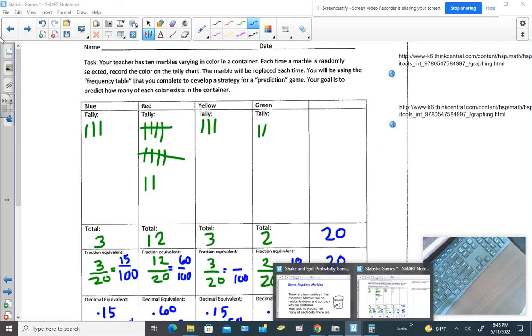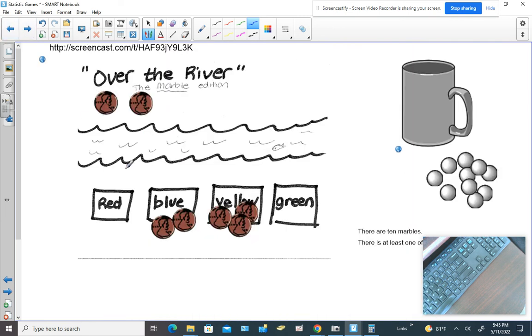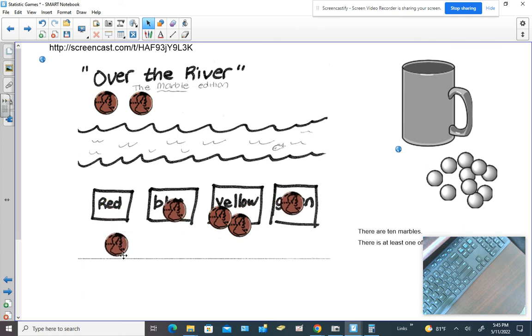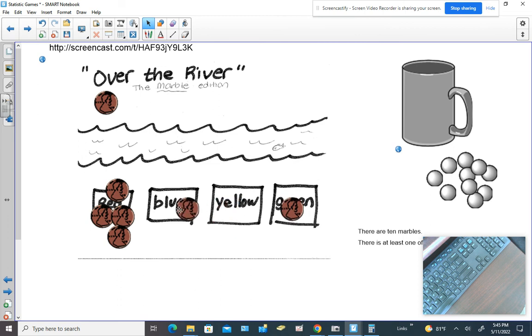So if we're playing the game, the more you play the game, the more confident you are, because you kind of got the idea that red was one of the ones where we had a lot. So if I was playing this game, I think I'd put a lot of markers on red. We had a couple that didn't come up too much at all. So we might put some on green. You'd have to decide.